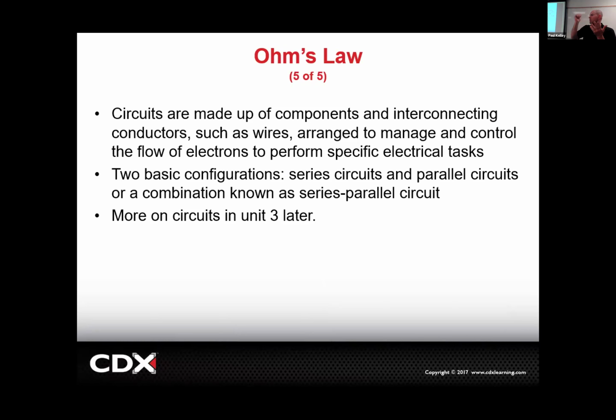It's like, imagine the 3D printers we saw, except they print a conductor and they can make a path for the electricity to go, like in an instrument panel or some sort of electronic device. So technically, that's not really a wire, but it's an interconnecting conductor. And again, we arrange them so we can control the electricity to perform a task.